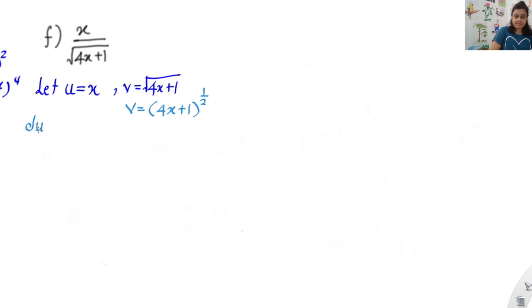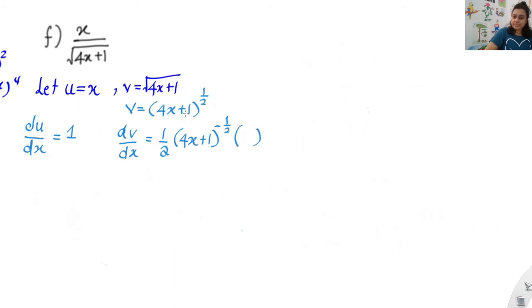In this case, this is du dx, so you get 1. This one is dv dx. When you differentiate, bring the 1 over 2 in front, copy back 4x plus 1, and the power 1 over 2 reduces by 1, so you get negative 1 over 2.